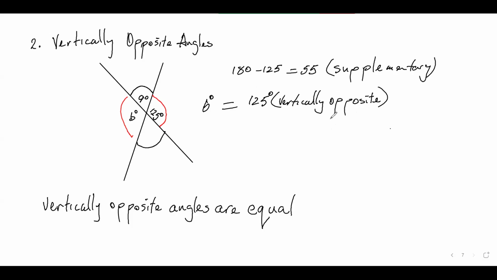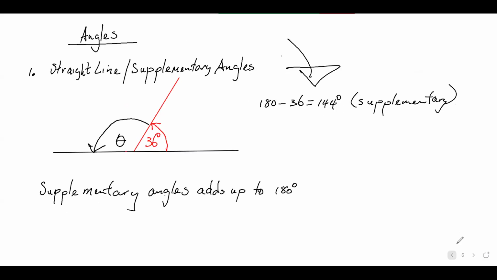Vertically opposite. That's all. So we learned two things so far. Let's recap because we have about 7 to learn. The first one was the straight line, or supplementary angles.